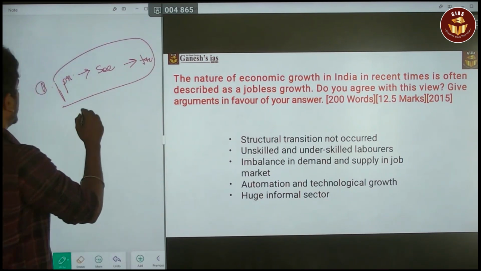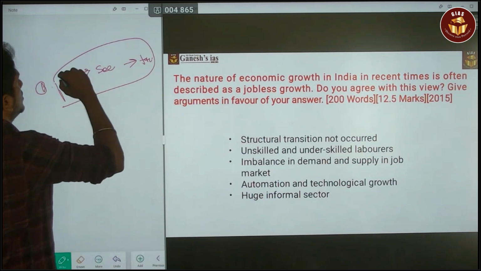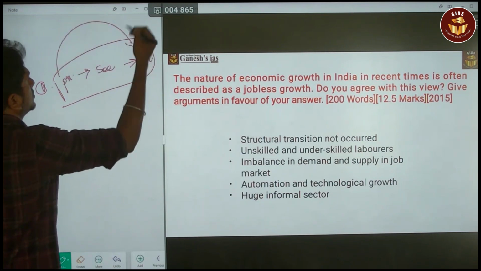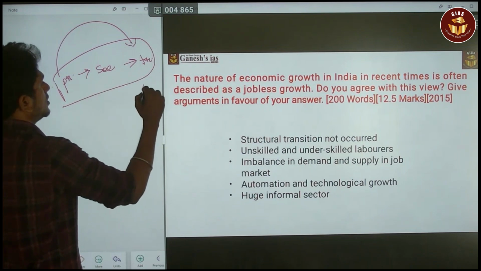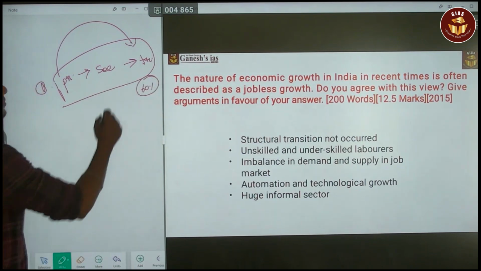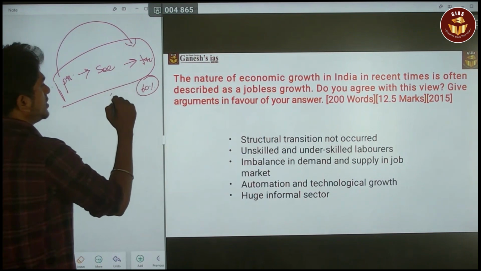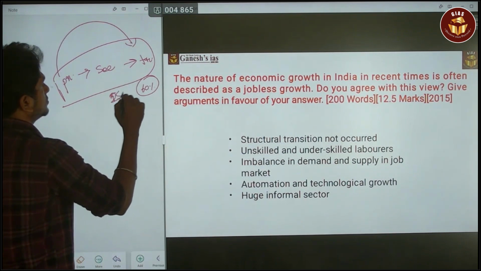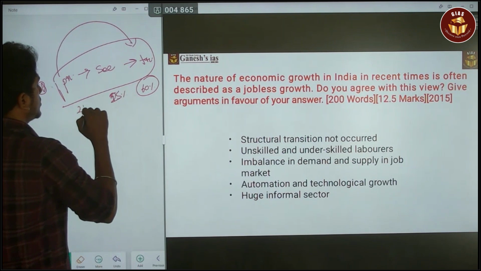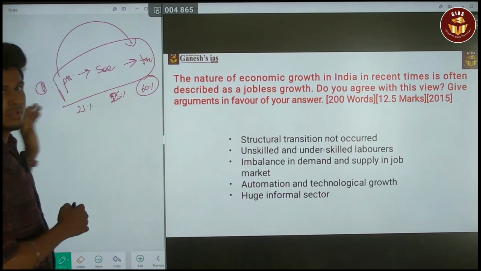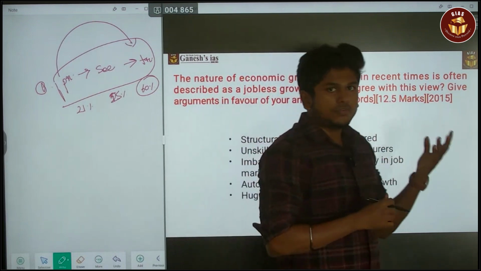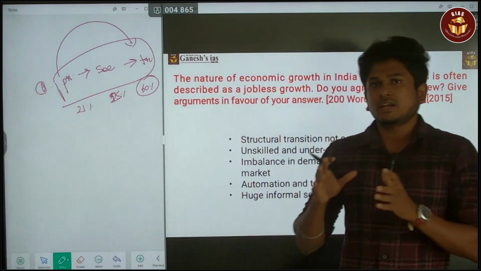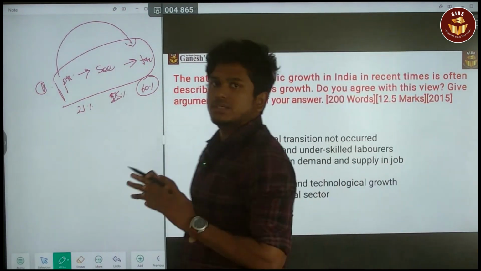But in reality for India, it went from primary to tertiary. Here 60% of the GDP comes from the tertiary sector alone. When it comes to secondary, it is around 25%. For primary, it is around 21%. So this is the reality, which means we just skipped the secondary sector and switched to the tertiary sector.